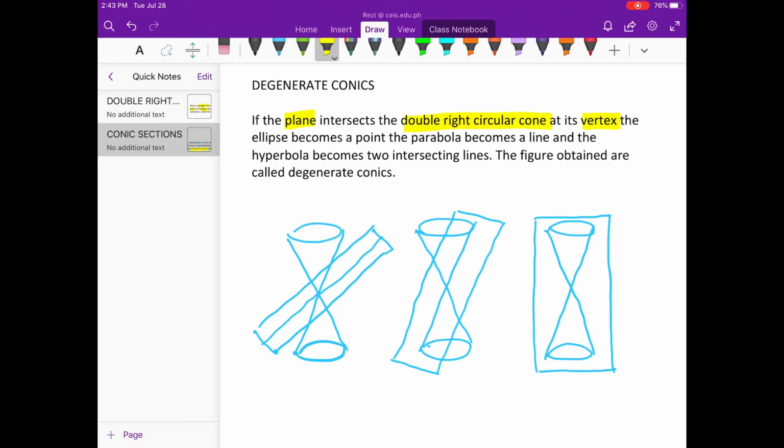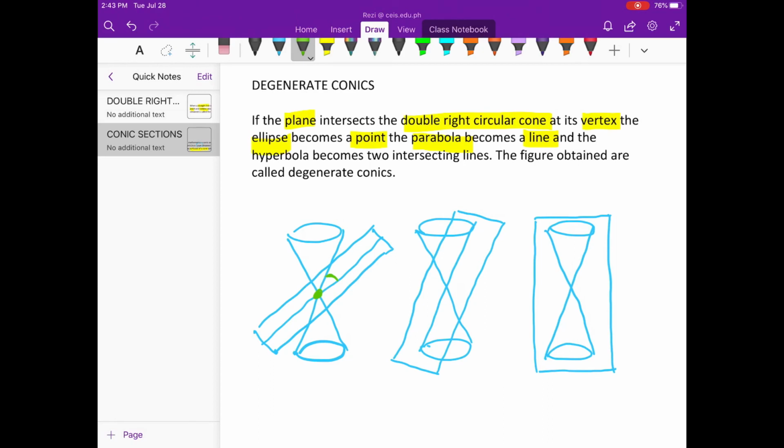The ellipse becomes a point. Let's look at this first figure. The ellipse, from this angle, moves to exactly at the vertex, so it becomes a point. Another thing, the parabola becomes a line.